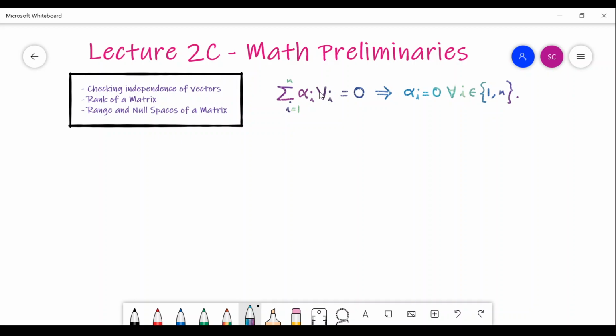Now how to check the independence of vectors? For that there is a technique which is called column operations. You must be knowing about the row operations of matrices. To get a matrix in row echelon form, with the help of that we can solve a system of linear equations that you have already been taught in your basic maths course.